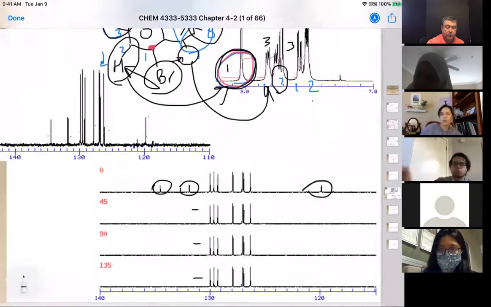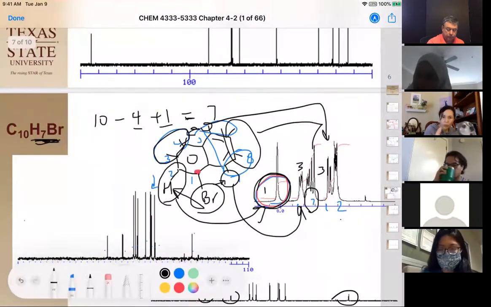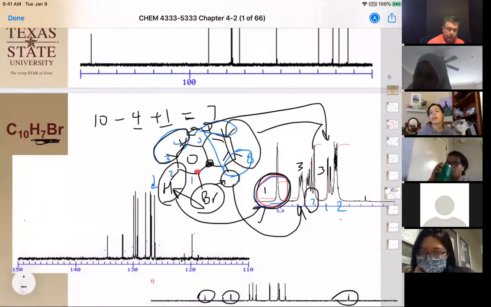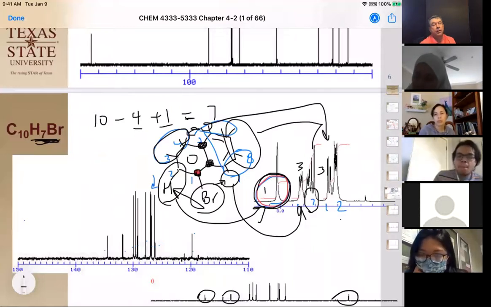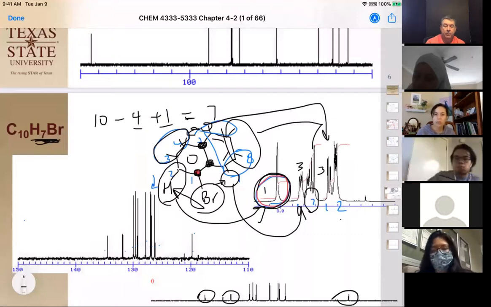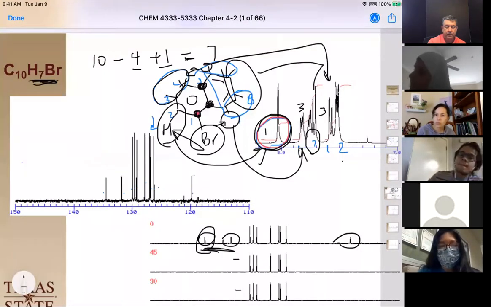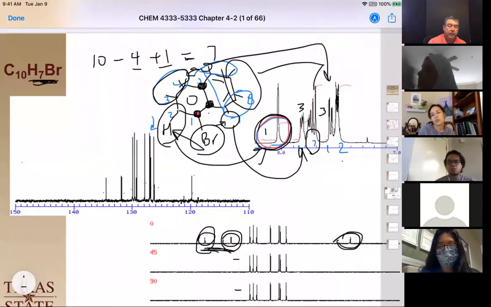Those are quaternary carbons, and we have 1, 2, 3 of the quaternary carbons that are tetrasubstituted. So our DEPT experiment actually is consistent with this. And note 2 of them are really high, so this is probably the one with the bromine on it. This is probably the one next to the bromine, and then this is probably the one way over here on the other.